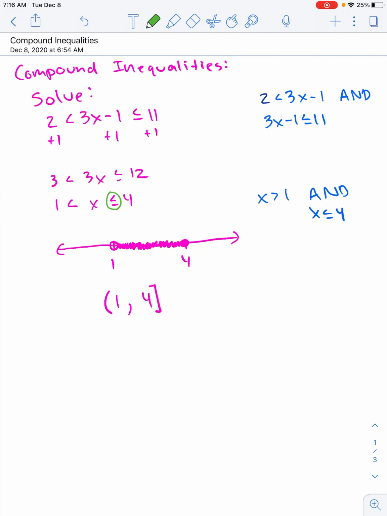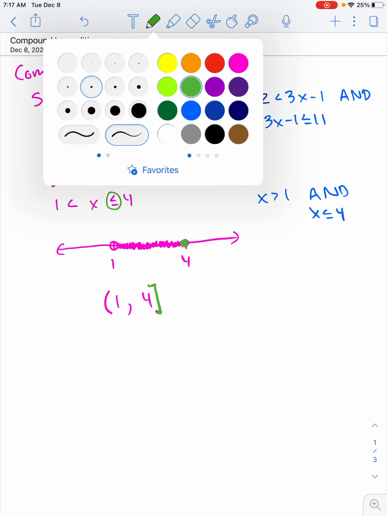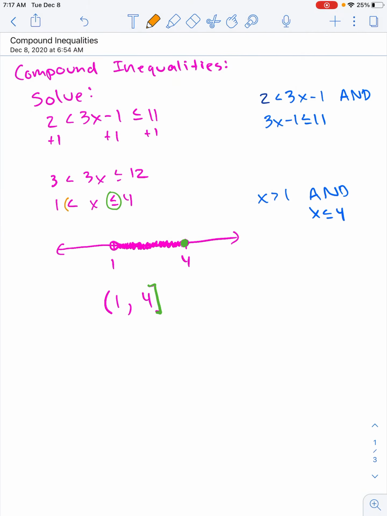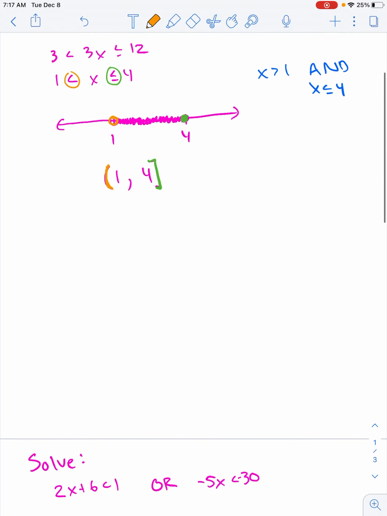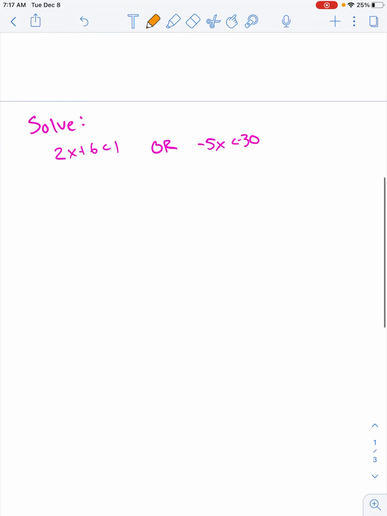So basically the less than or equal to or greater than or equal to, the closed circle, and the brackets all go together. And then the less than or the greater than, the open circle, and the parentheses all kind of go together, usually. In the case of infinity, you're always going to have parentheses.